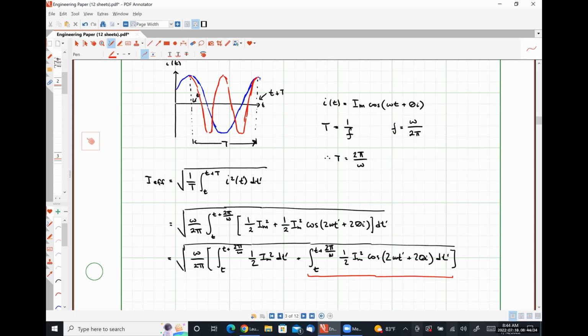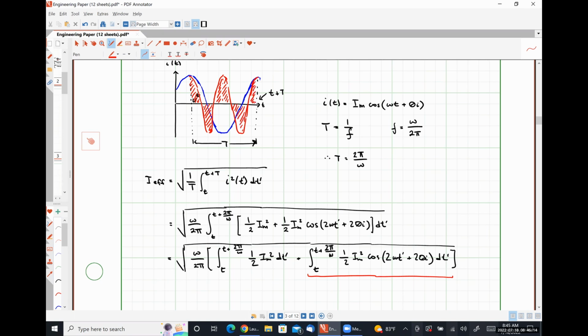It's oscillating twice in the amount of time it takes for the current to oscillate once. But if we integrate over that duration of T, well, exactly half of the time our current is, so let's split this up, above the horizontal axis, and exactly half of the time the current is below the horizontal axis. So we're just integrating this sinusoid effectively over 2 periods.